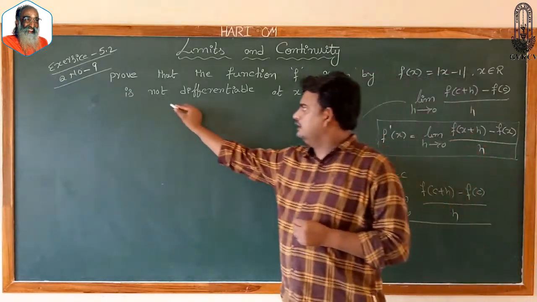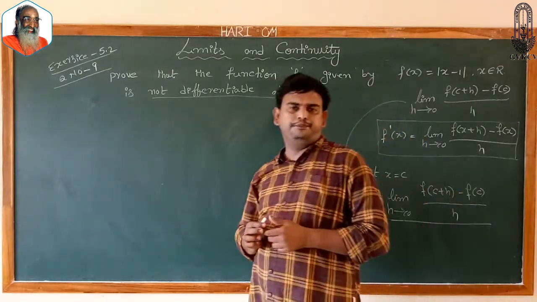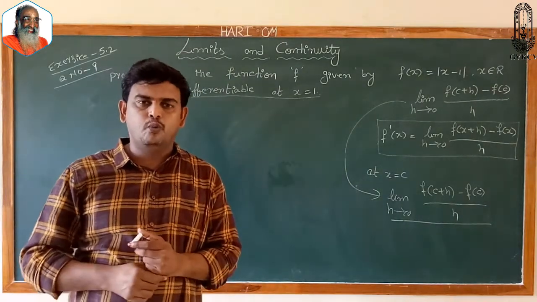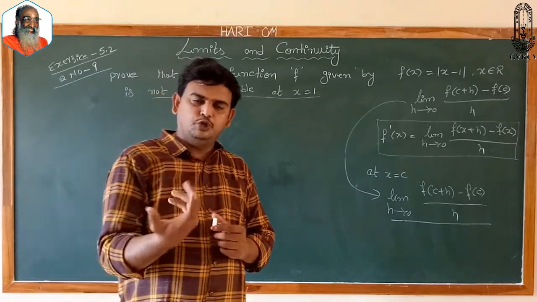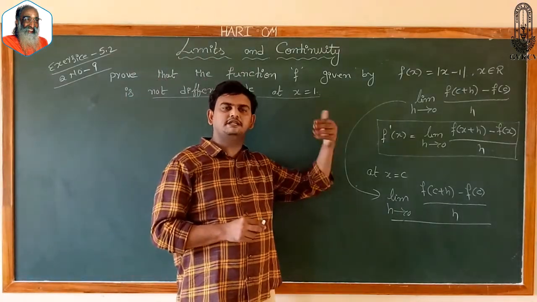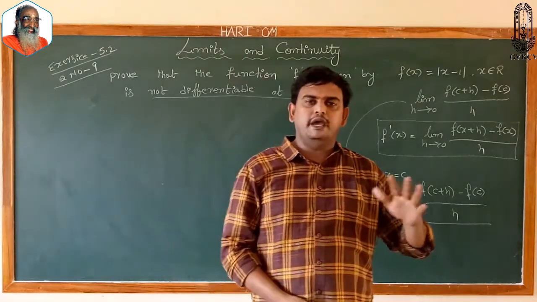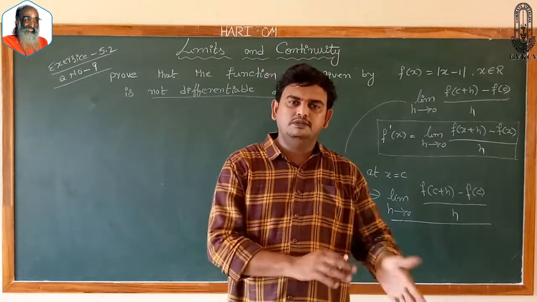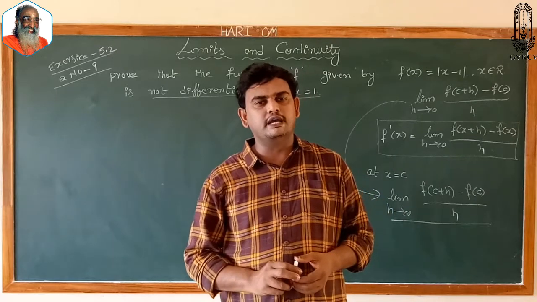They asked to show not differentiable at x is equal to 1. If I show that the limit does not exist at x is equal to 1, it means the derivative also does not exist.